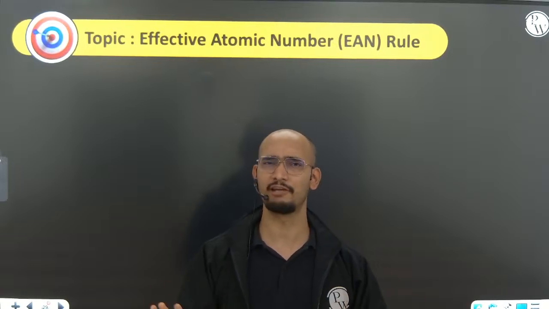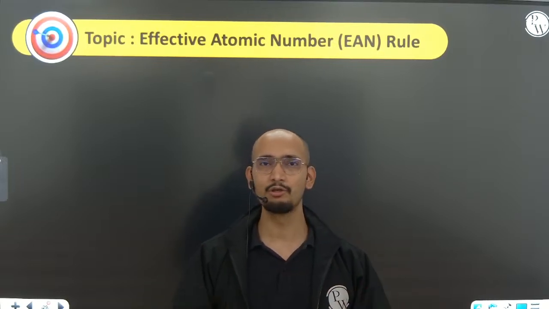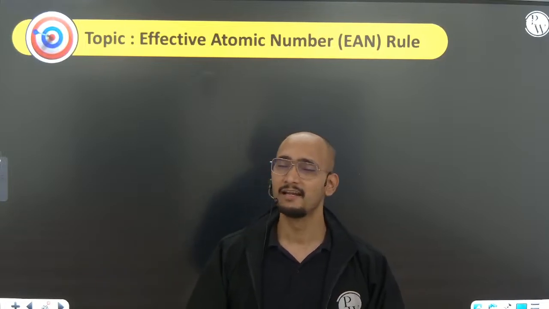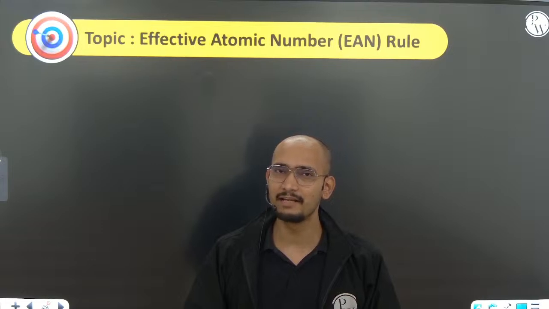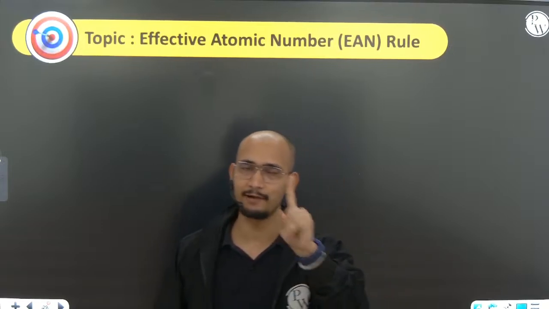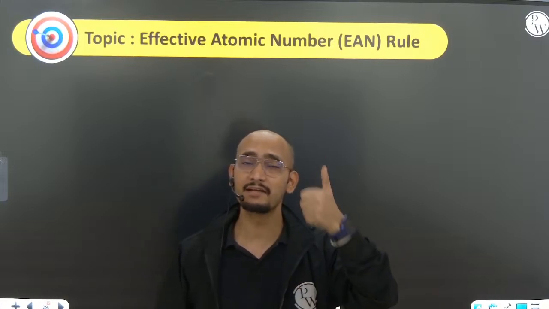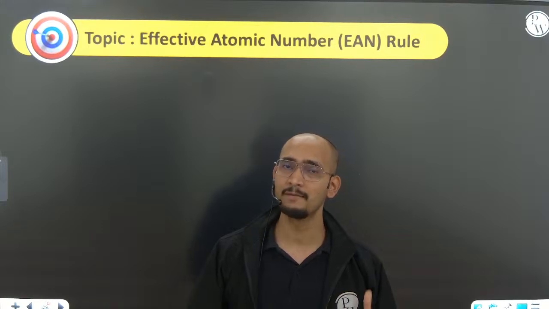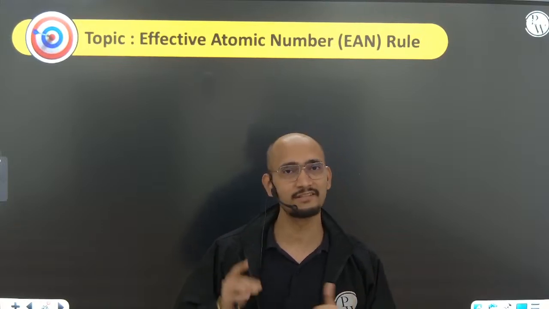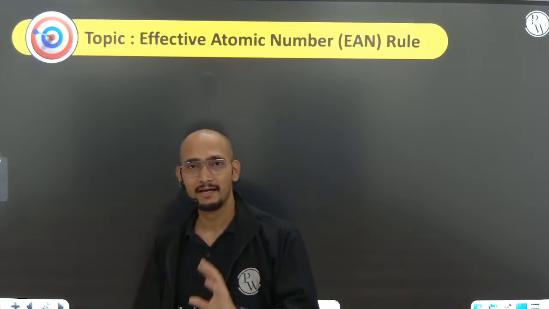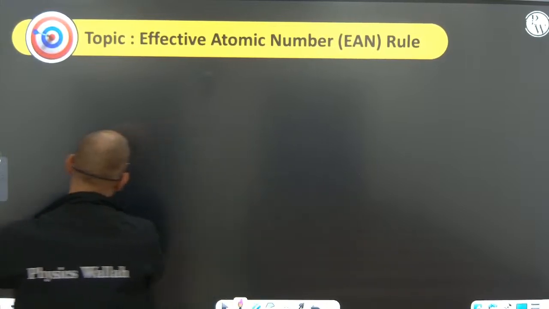So that is the effective atomic number rule. I'm not writing all these things because I hope you already know them. Now one more thing, where is it very effective? It is not a very effective rule in general, but at one place it is very effective: when carbonyl compounds are there. When carbonyl compounds are there, metals really follow this EAN rule. Now see how, rather than talking, let's directly do it.